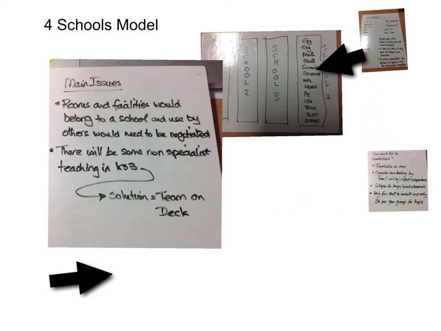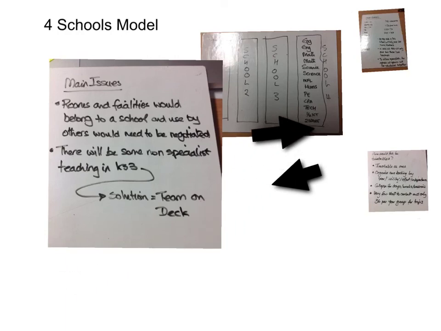Of course, I'm being slightly flippant, but of course there may be a solution for team on deck. And of course, the other thing is there may be some solutions in terms of these shared teachers, which we mentioned earlier at the bottom of our school staffing.